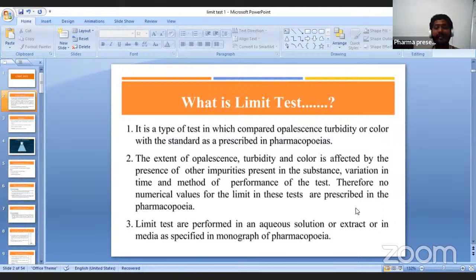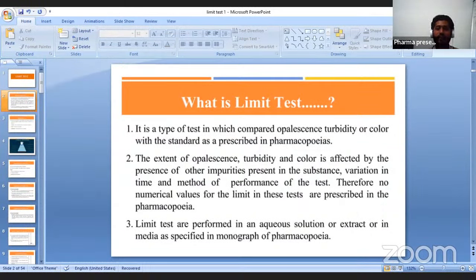Here a sensitivity will be checked, in which we check how sensitive the reaction is, and then we need to keep them for at least 5 to 10 minutes after addition of all the reagents, based on which limit test you are performing, so that the whole mixture can react, and then we can compare the standard with the test sample.